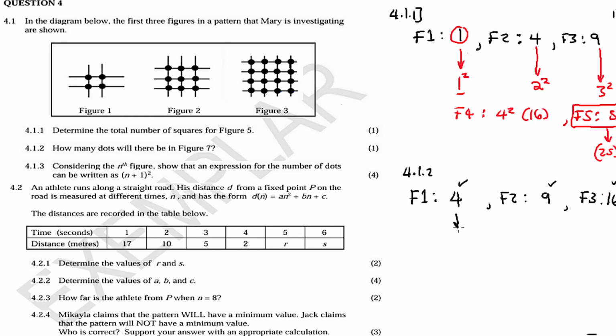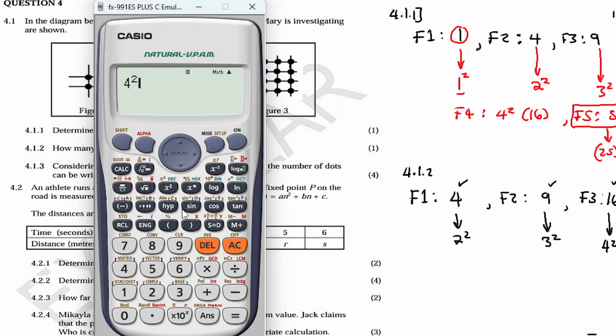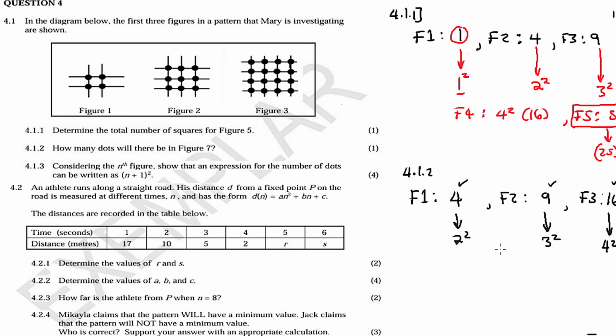So here I see a perfect square, 2 raised to exponent 2. I also see a perfect square, 3 raised to exponent 2. Another one, it's gonna be 4 raised to exponent 2. I think, confirm, 4 exponent 2, that's 16. Correct.